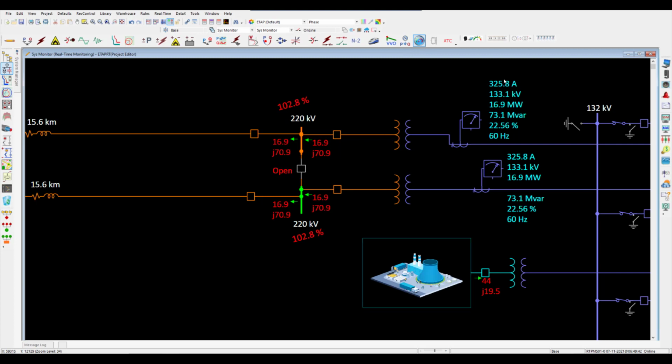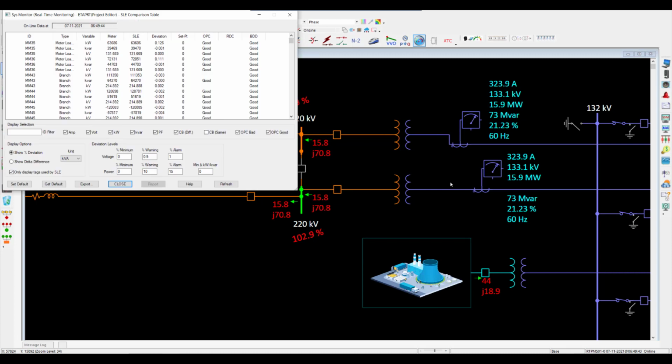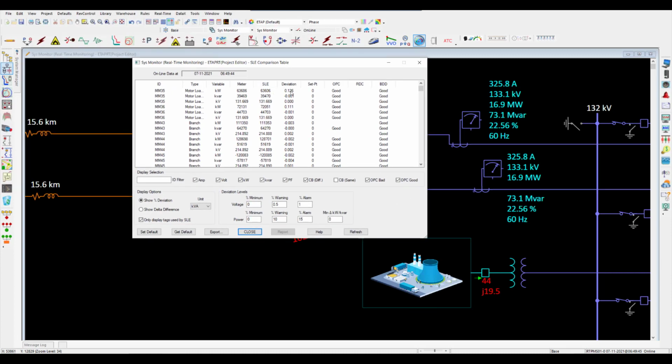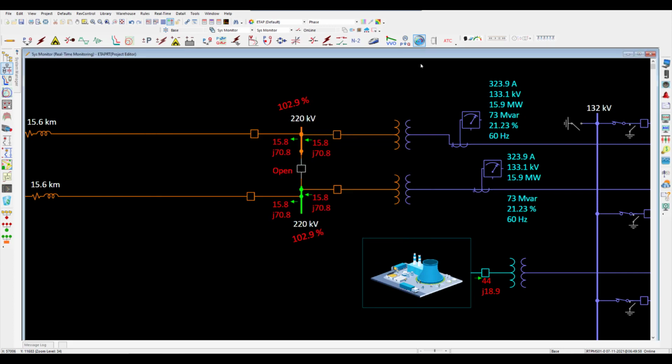So based on the deviation between them, ETAP can quickly tell you through a comparison table in this deviation column how good or bad is your model with respect to the real-time data, and allows you to tune the model so that you are making good decisions based on a strong foundation of your electrical single line diagram.